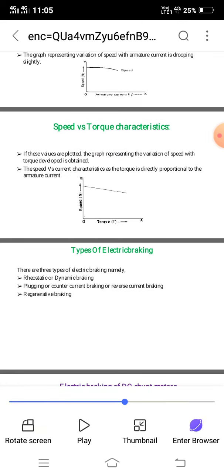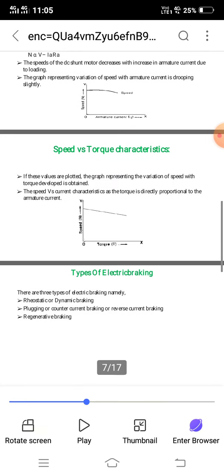The third one is speed versus torque characteristics. It is called the mechanical characteristic. Here, speed is proportional to the armature current, and torque is directly proportional to the armature current.